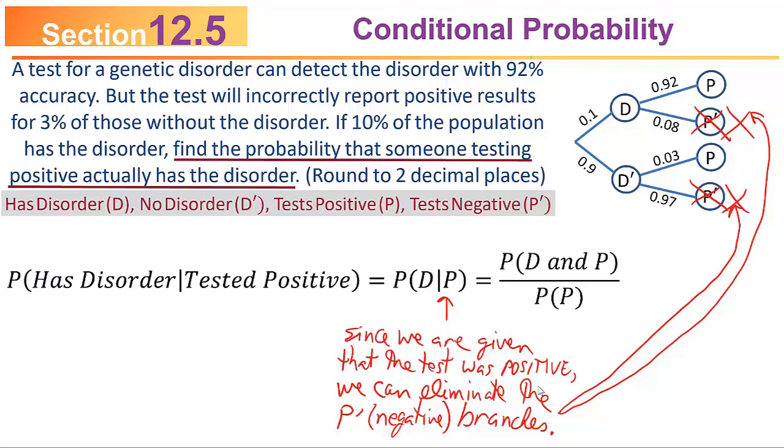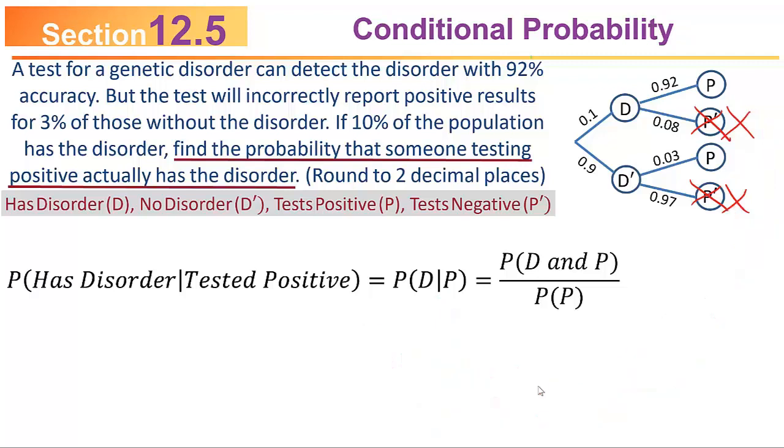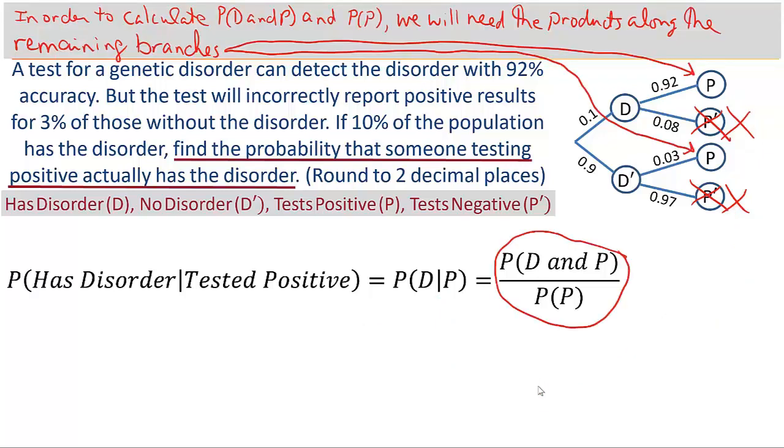And remember, the formula says the probability of D given P is the probability of D and P divided by the probability of P. So if I want to calculate the probability of D and P, I have to multiply along those branches that remain to get the AND.